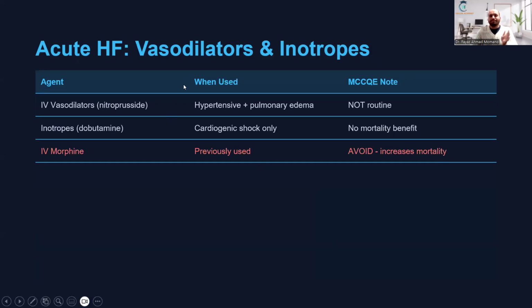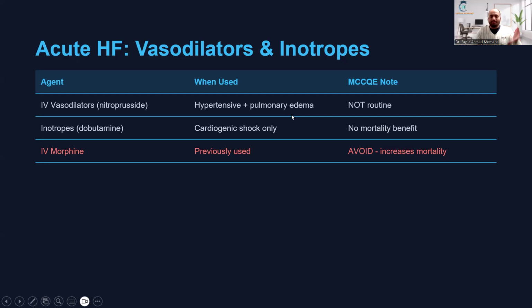Now, some medications that we use in acute heart failure and what MCC wants us to know about them. Vasodilators like nitroprusside: if they have hypertension plus pulmonary edema. They will not say pulmonary edema; they will say the patient has bilateral coarse crackles.